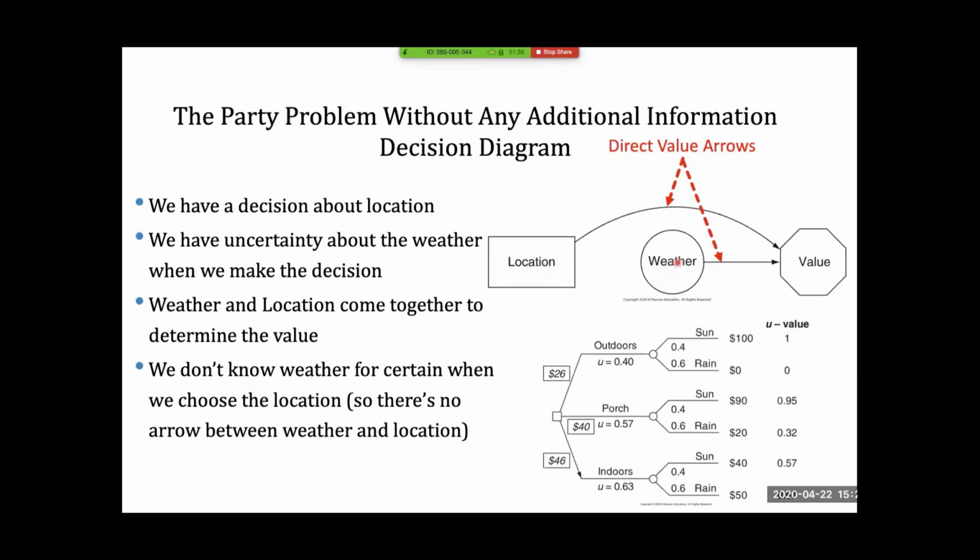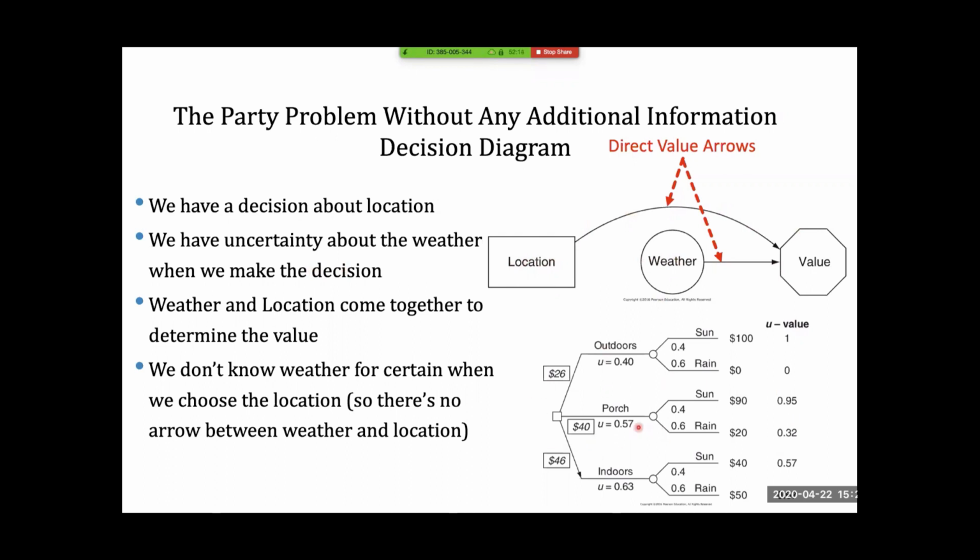That is not true. Also, we do not have an arrow from weather to location because at the time we decide the location, we do not know what the weather will be for sure. So no arrows either way. This decision diagram represents this decision tree.